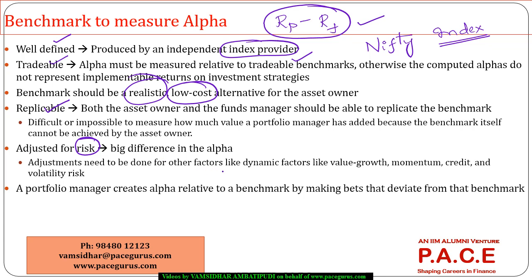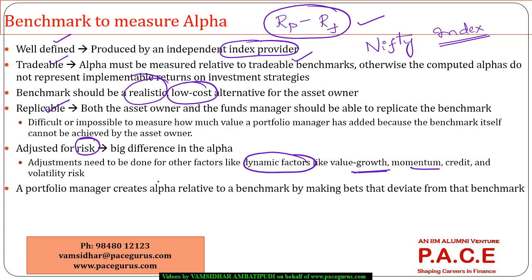All the adjustments need to be done for all kinds of dynamic factors, because value factor, growth factor, momentum, all these things will result in different levels of alpha. So when we are comparing between various portfolio managers, all sets of adjustments need to be done to finally understand the final alpha after adjusting for dynamic factors like value, growth, momentum, volatility, and various other risks that may come up.